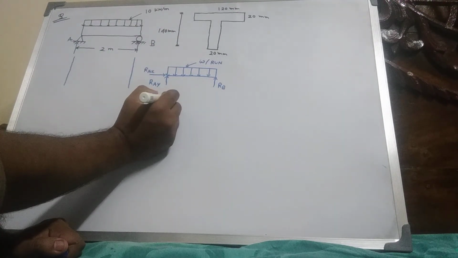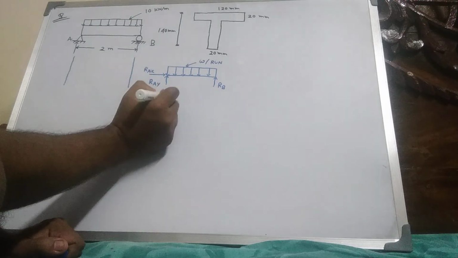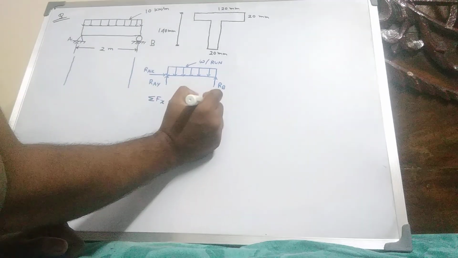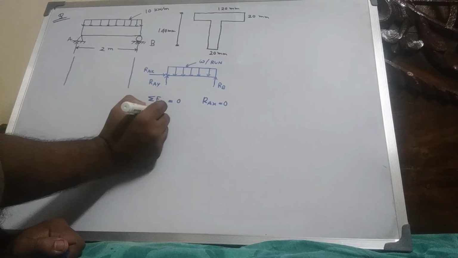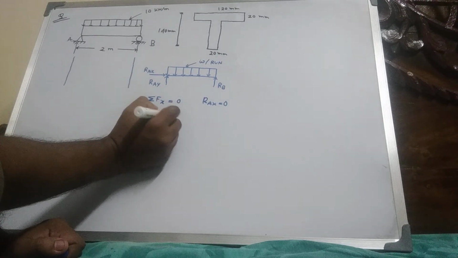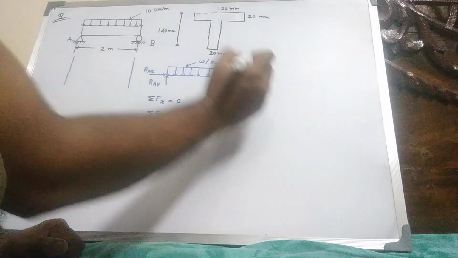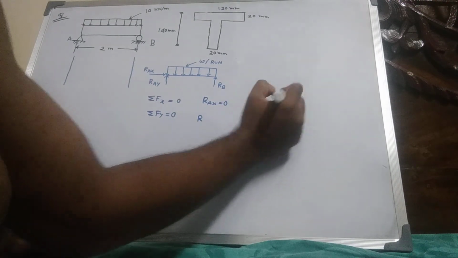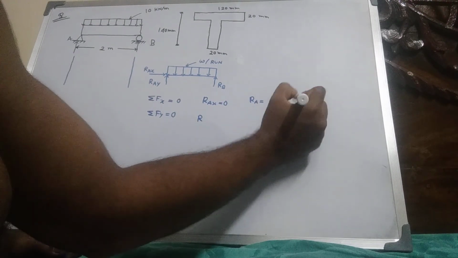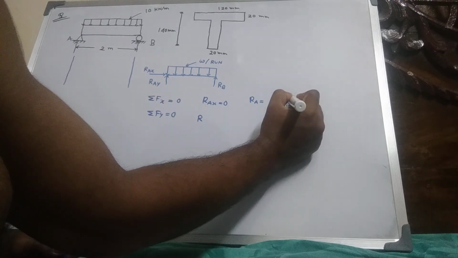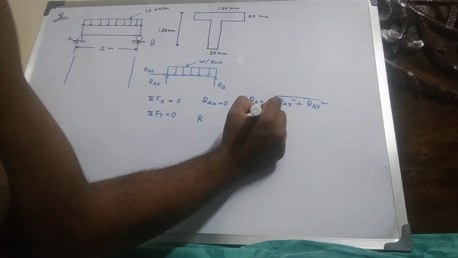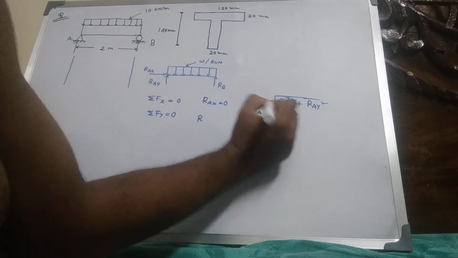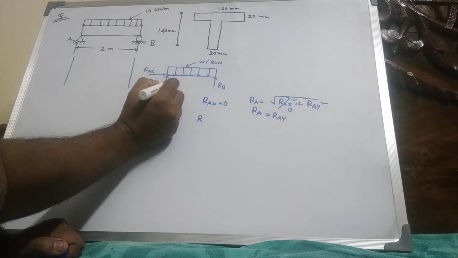The second step is the equilibrium conditions. Summation of Fx equal to 0, so RAx equal to 0, and summation of Fy equal to 0. RA equals the root of RAx squared plus RAy squared, so RA equals RAy.